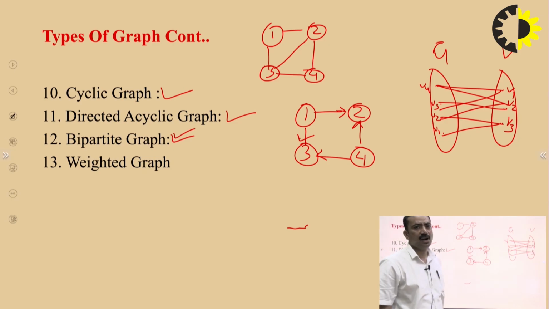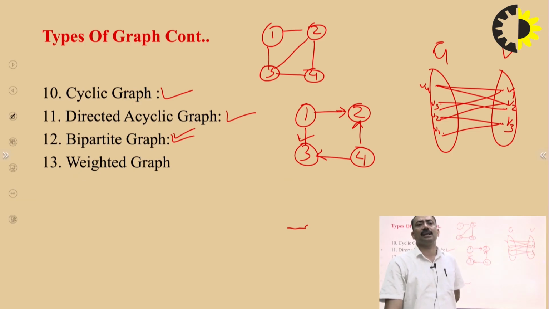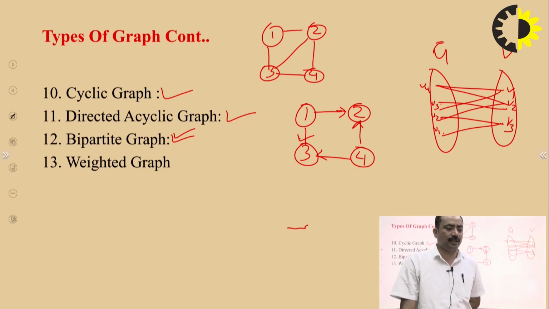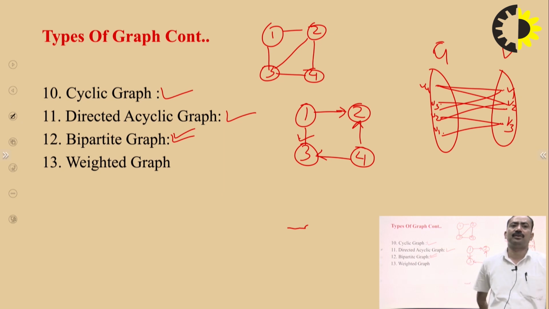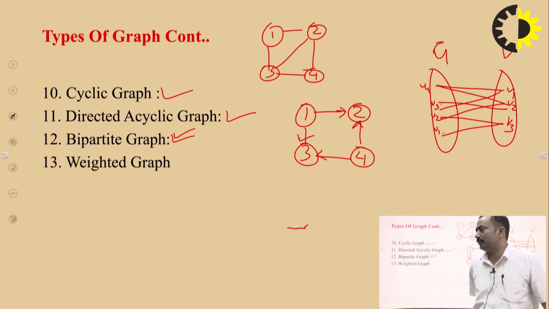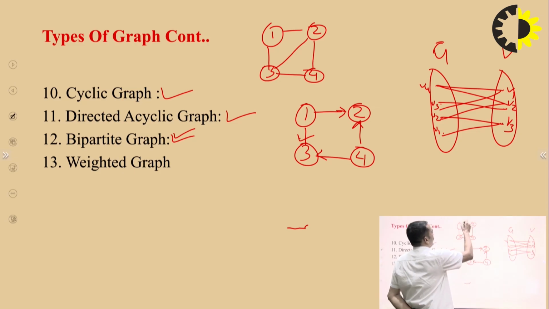Last, we have a weighted graph, a graph in which the edges are already specified with weights. And weighted graphs can be further classified as directed weighted graphs or undirected weighted graphs. Suppose here we assign weights like 20, 30, 40 and 50.